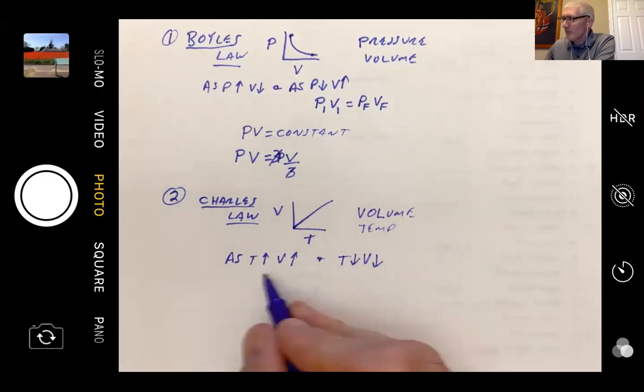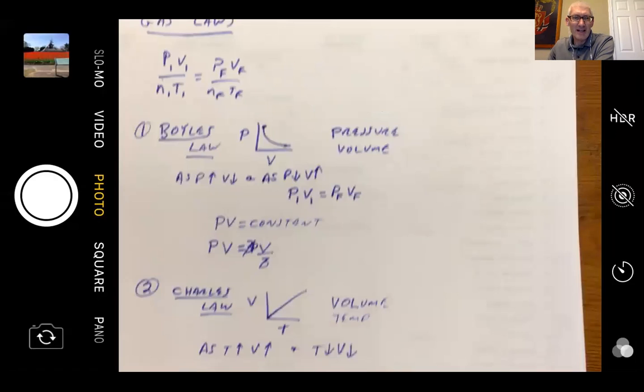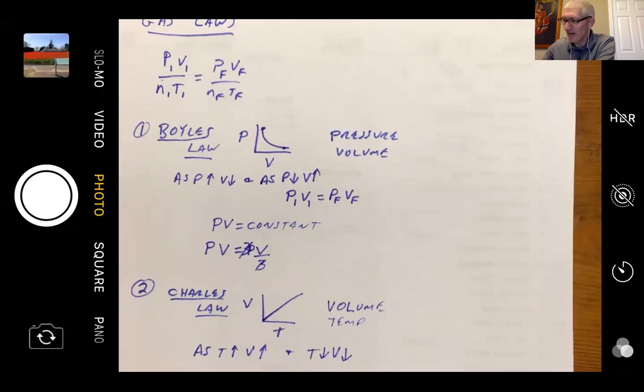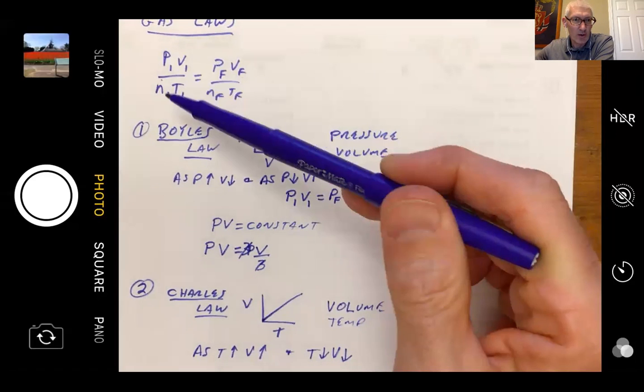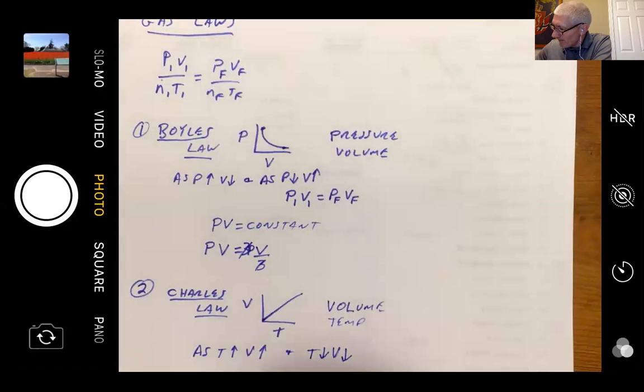And so if we go back and look at our old friend, the combined gas law, if I were to ignore all the other pieces, and I'm going to come back to you here, Jack, all right? If P and N were ignored, I'd be left with V over T equals V over T. So V over T has to be a constant, okay?